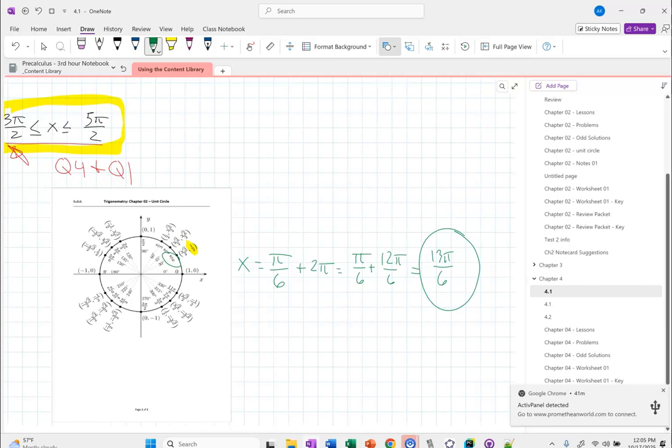And that will fall inside of my range. 13 pi over 6 is like 2 1/6, which is definitely between 1.5 and 2.5. Right? 3 over 2 is 1.5. 5 over 2 is 2.5. This is like 2.16. That's in there. Let's do that again, yes? Okay. Same kind of problem.